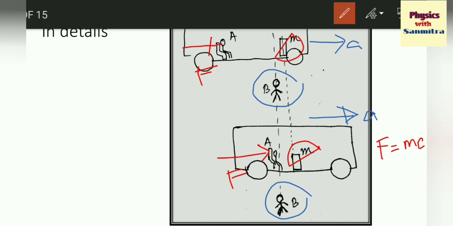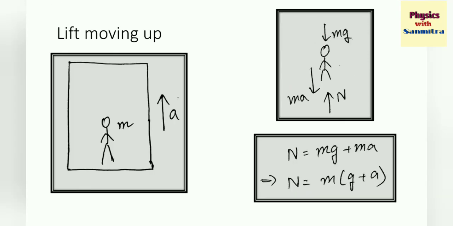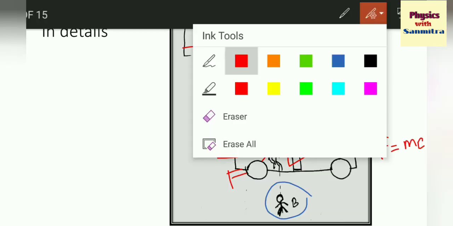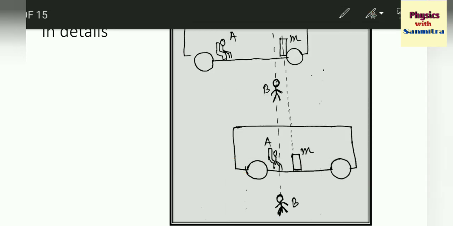Clear this much? Since force is applied on the bus, or on observer A also, because the observer is inside that frame, that frame is moving forward with an acceleration A, rightward. But what does observer A see? According to observer A, this bus is at rest.